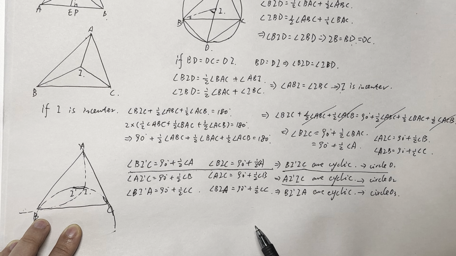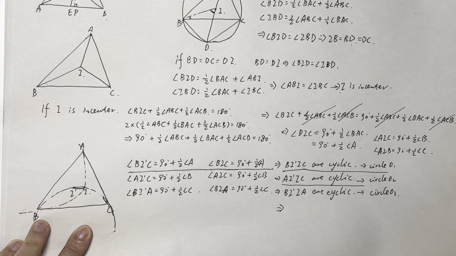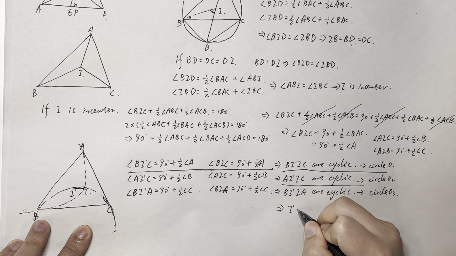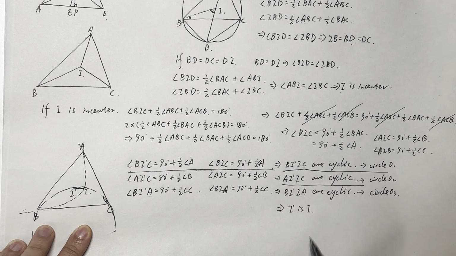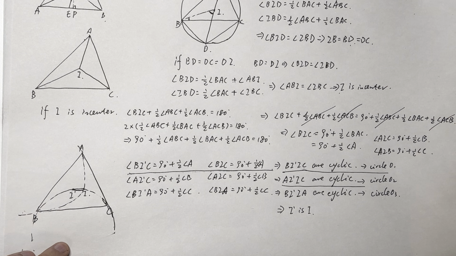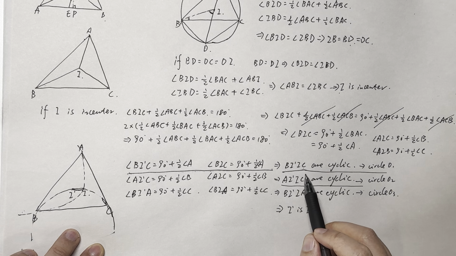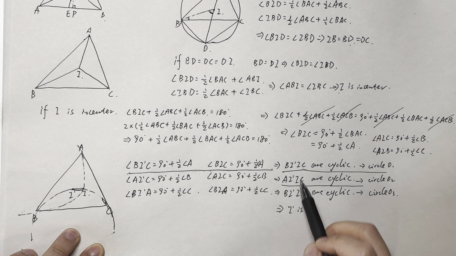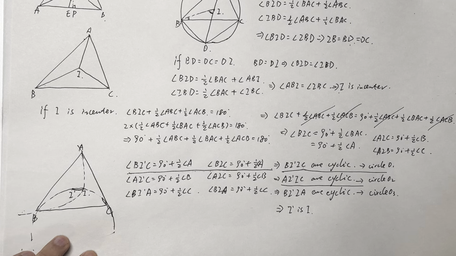That's impossible, right? Which means I prime is I. The assumption that I prime is a different point than I is incorrect, because we got 2 circles that have 3 different intersection points. That's impossible. Okay.